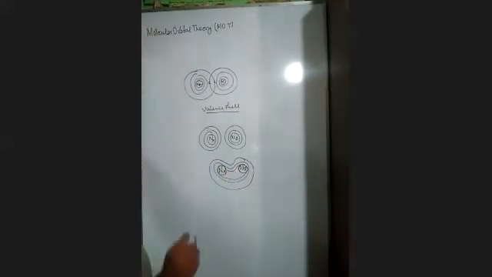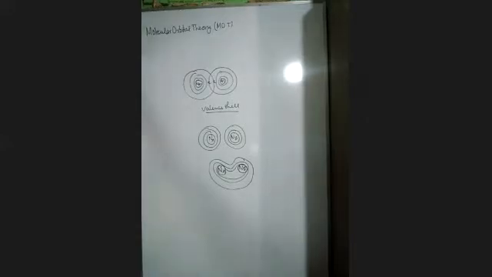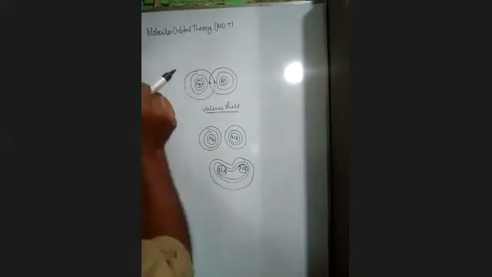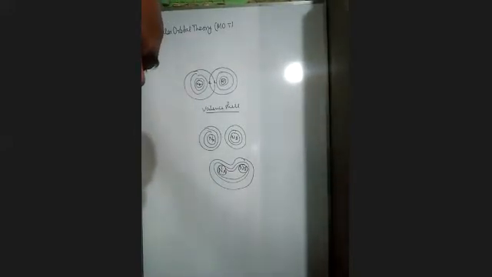Each and every orbital that you have inside the atom overlaps with each other. This is called the molecular orbital theory. So that is the one that we are going to discuss.